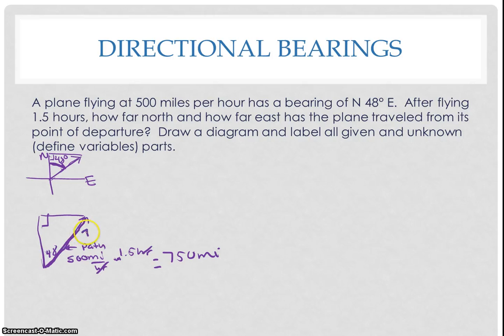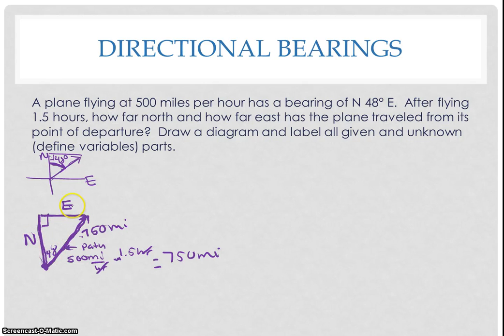So if I label this as 750 miles, and I want to figure out if I started here, flew along this path, and ended here after 1.5 hours, how far north and how far east the plane has traveled. So essentially, if I want to find how far north, I'm going to look for this side, which I've labeled N, and how far east it's traveled, I want to look for this side, which I've labeled E.